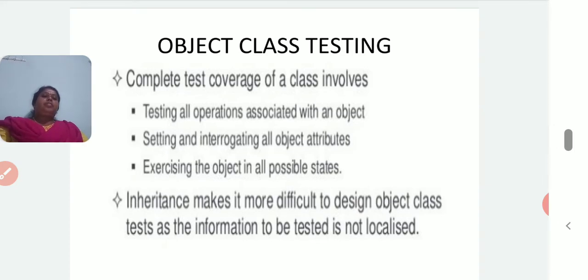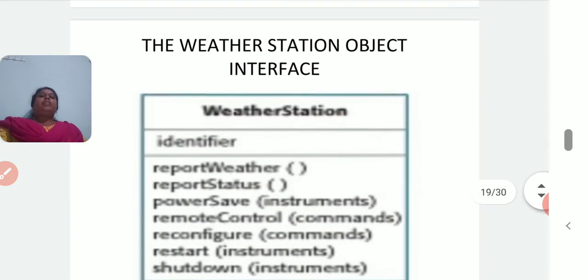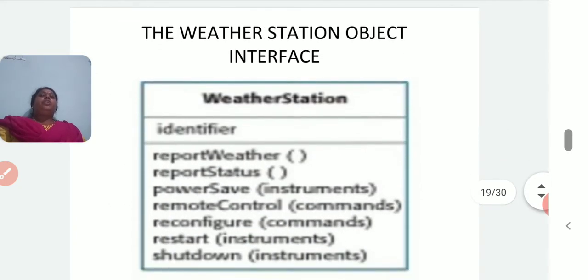It makes it more difficult to design object class tests, since the information to be tested is not localized. Here is an example of a weather station object interface. It holds an identifier, and within the identifier we have different interfaces.